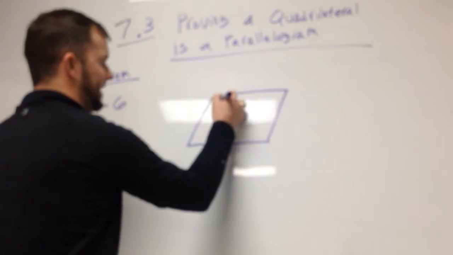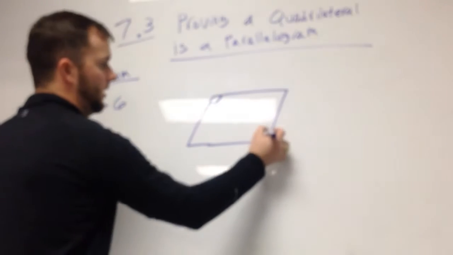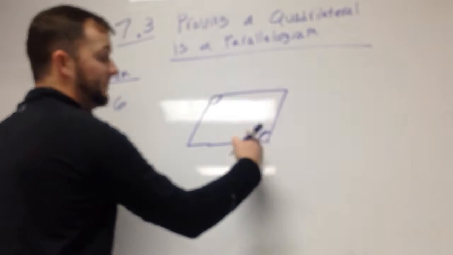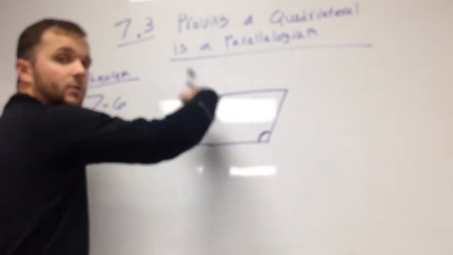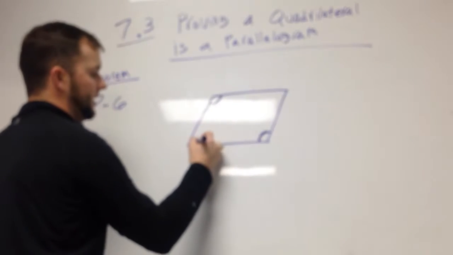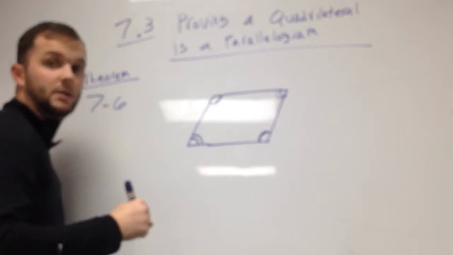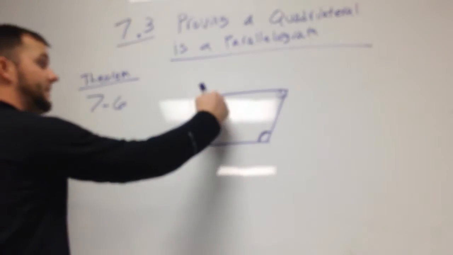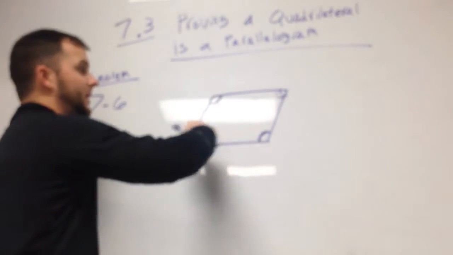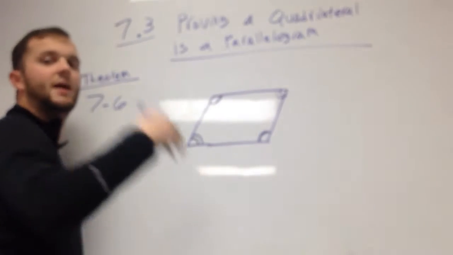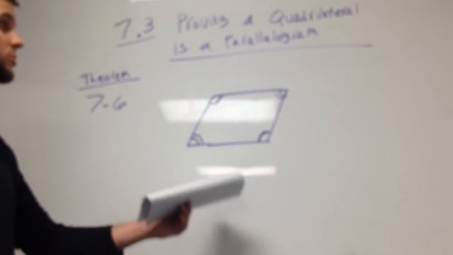Let's say this angle right here has one arc, and this angle right here has one arc. That means those two opposite angles are congruent. Then I'm going to look at these two. Let's say this one has two arcs, and this one has two arcs. That means those are congruent. So boom, because the opposite ones are congruent, that proves that this quadrilateral would indeed be a parallelogram.